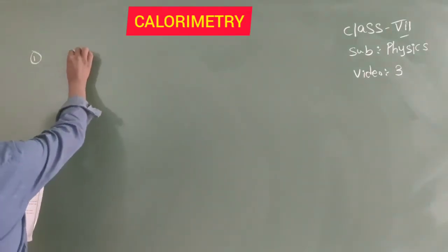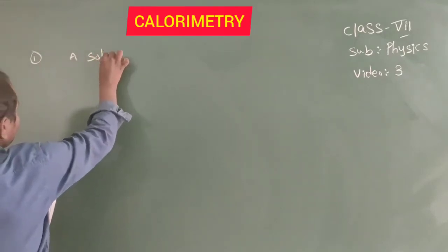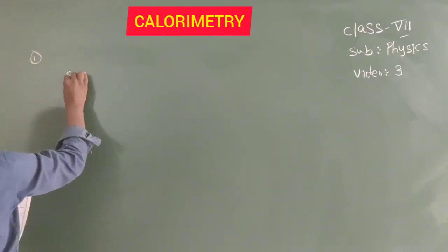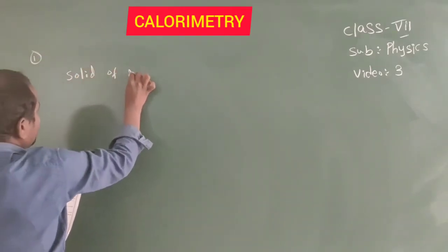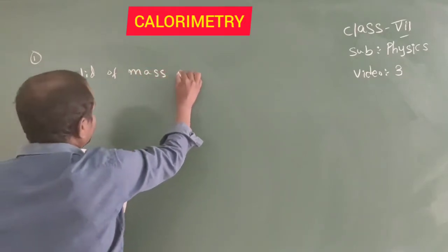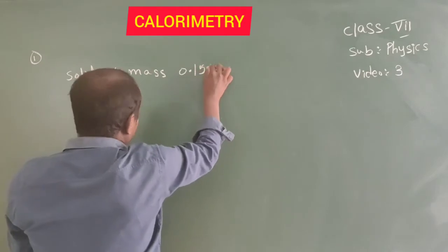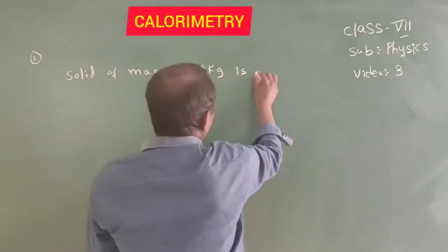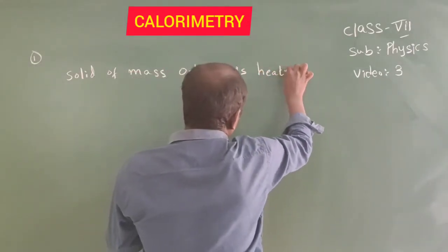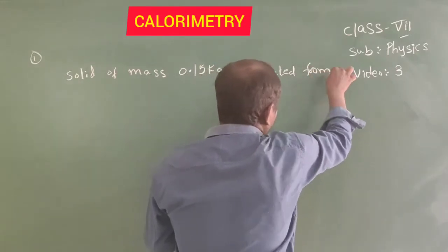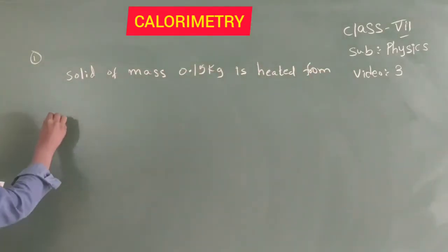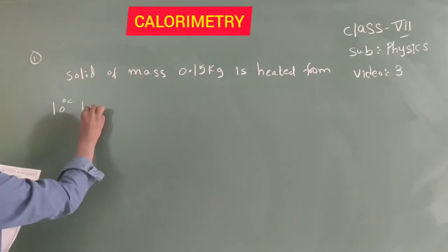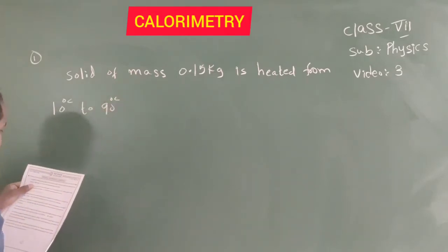Okay, a solid of mass 0.15 kg is heated from 10 degrees Celsius to 90 degrees Celsius.